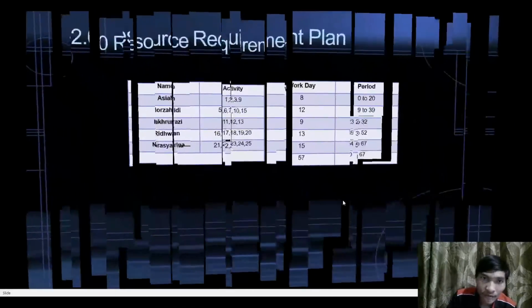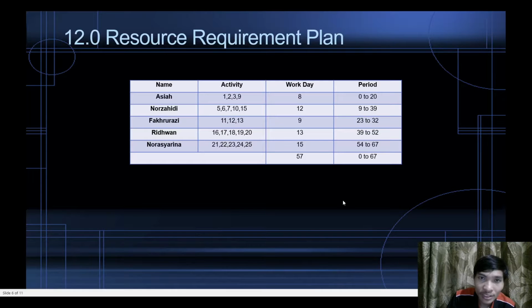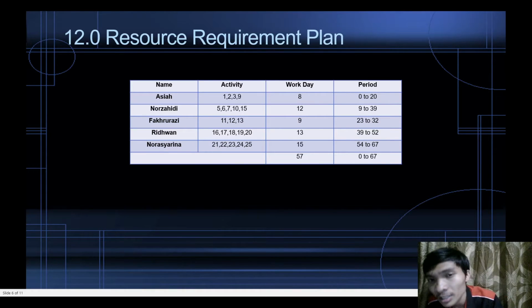Next, the resource requirement plan. On the resource requirement plan, I already calculated from the activities how many days they will take to complete the tasks given by the team.